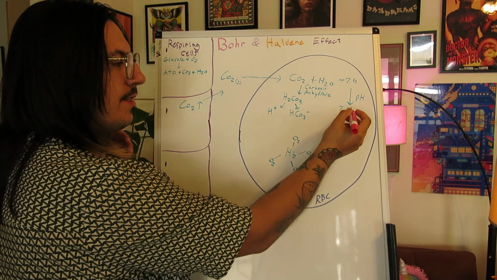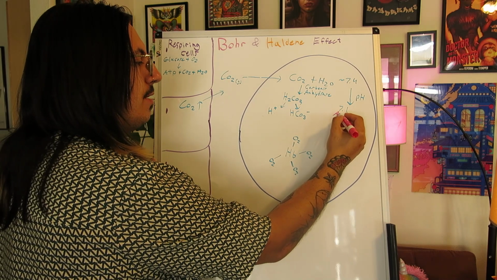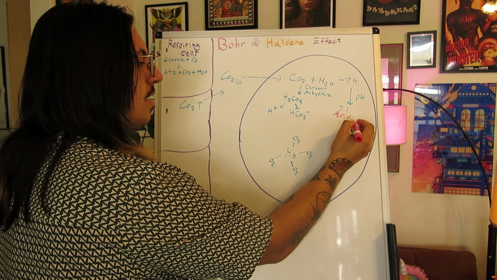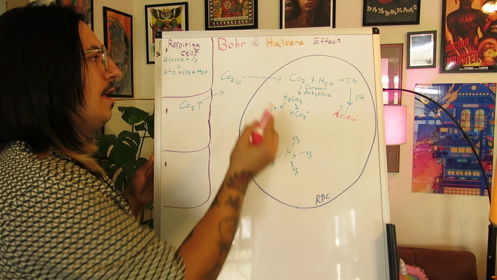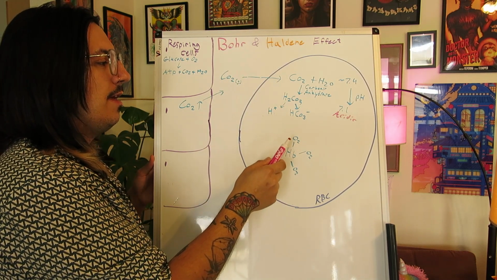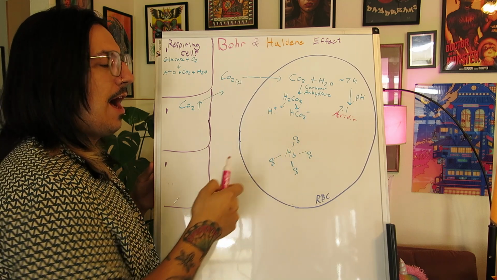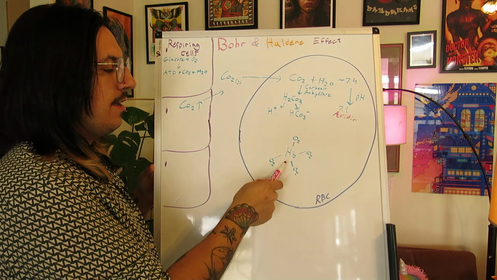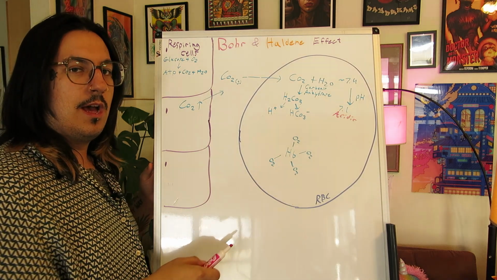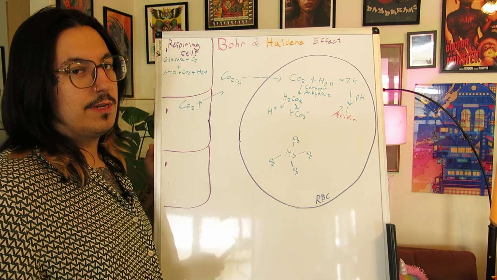With this decrease in pH, we're creating an acidic environment. The Bohr effect states that with higher acidic concentrations, the affinity for hemoglobin to hold oxygen decreases.